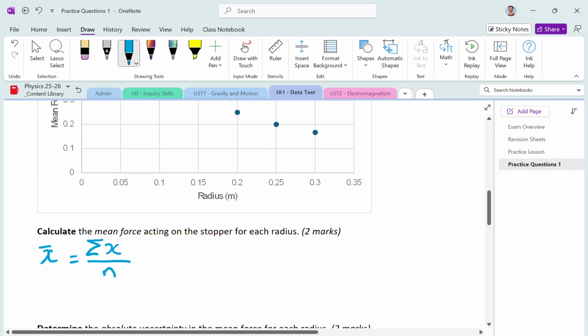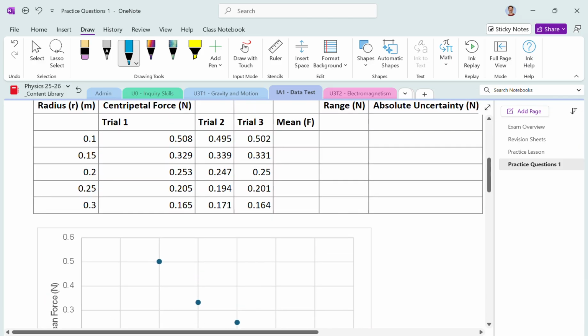The sum of the x values are going to be each of the trial values, so I'm going to do the mean for 0.1. So 0.508, 0.495 and 0.502.